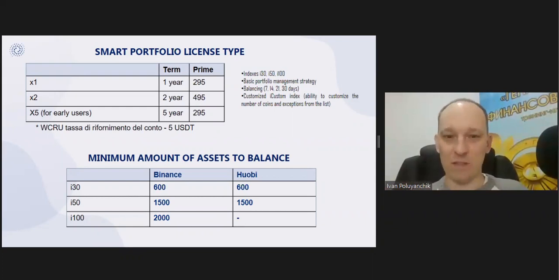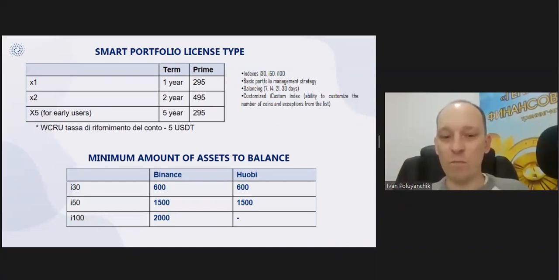The standard baseline strategy is suitable for 80% users, top 30 cryptocurrencies, balancing in 21 days, the most popular strategy, and automatically the user may follow this strategy, stick to it.